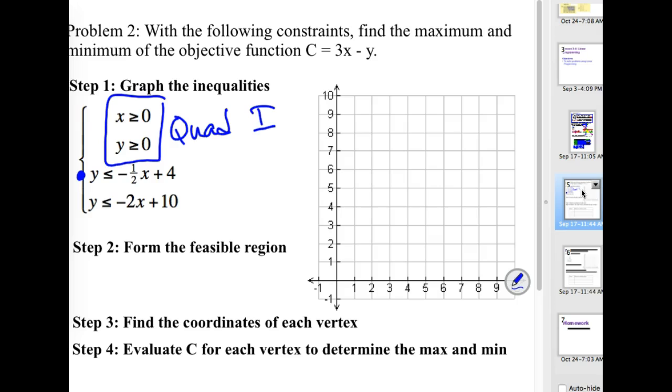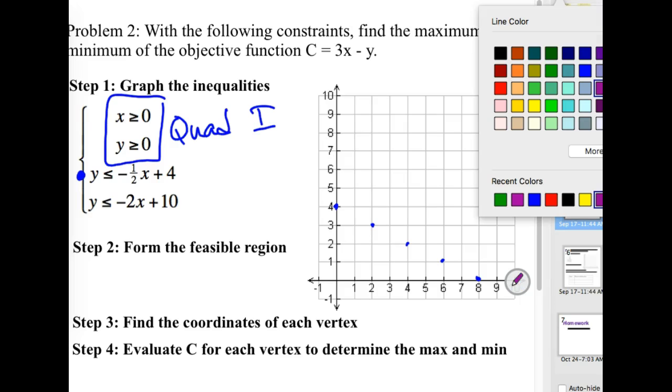Where do I start? Start at 4. Okay, and I'm going to do negative 1/2 for a slope. So down 1 and right 2. Solid or dotted line?